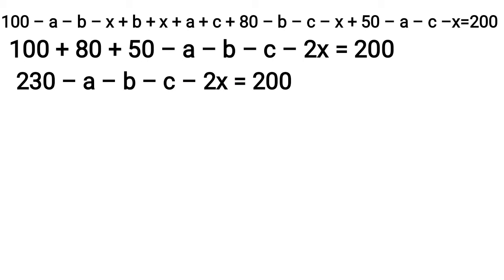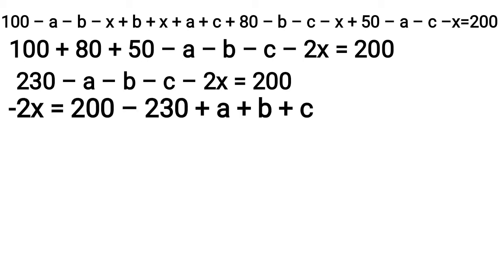So we will get negative 2x equals 200 minus 230 plus a, because the a is going to cross the equal sign as it is said, minus b, same crossing the equal sign, and then c crossing the equal sign as it is said, though it doesn't have legs to cross, like my math teacher used to say.